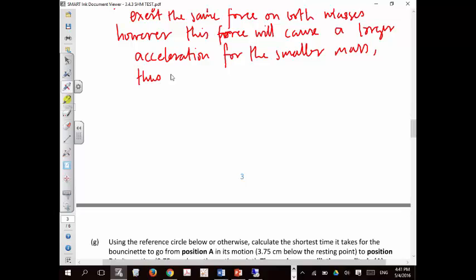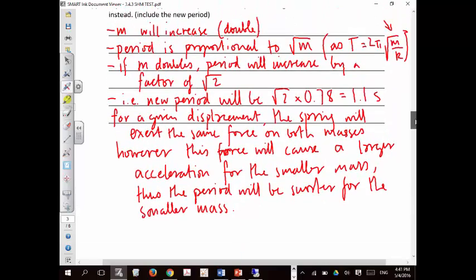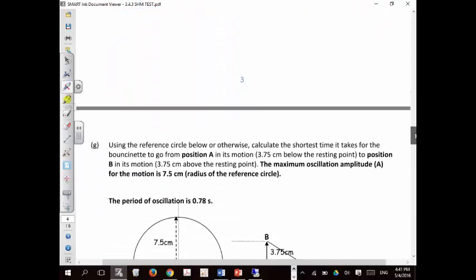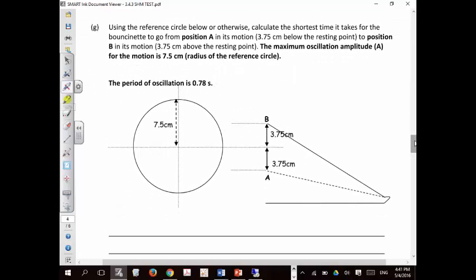Thus, the period will be shorter for the smaller mass. Okay, so now I think we've covered all our bases with that question. We've both shown it in terms of the equation, and then we've given a little explanation relating it to the acceleration.